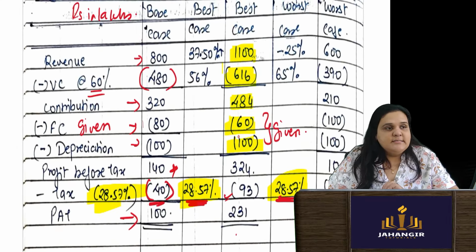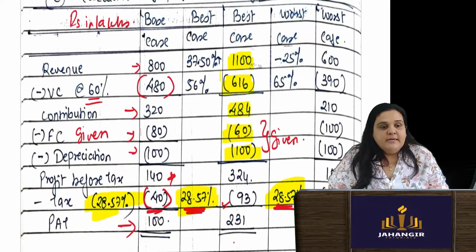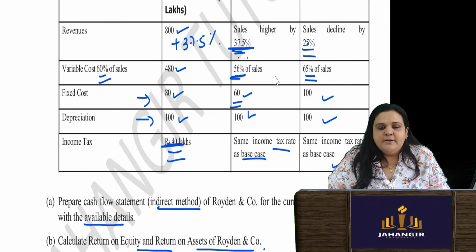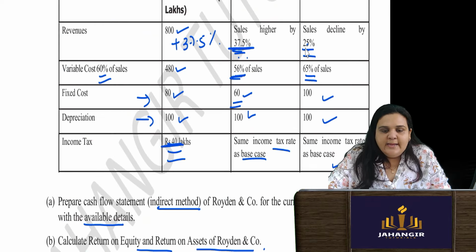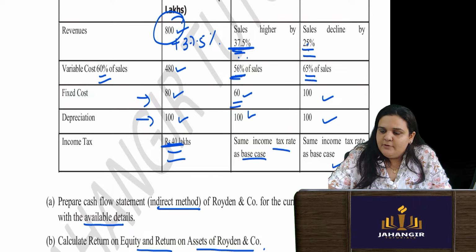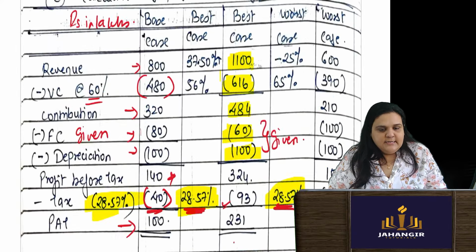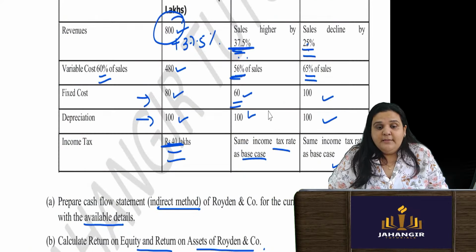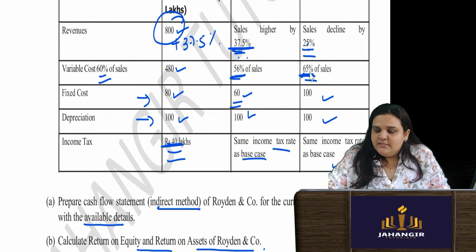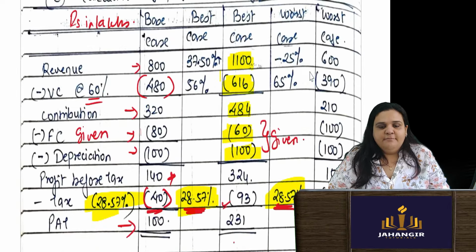In the worst case, there will be a decline of sales by 25%. When there is a decline, I'll always take the base: from 800, I am going to subtract 25%. Now I'll stand at 600 lakhs. 65% will be my variable cost, so on 600, 390 will be my variable cost.